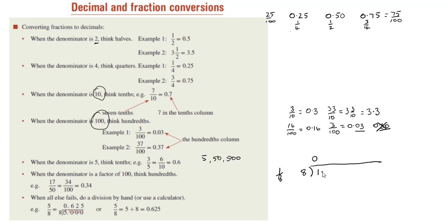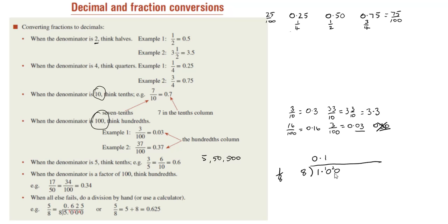So we put our decimal point in for our next place down, and we put a 0 in, and we put the remainder there as 1. Now, how many 8s go into 10? Well, it goes into 10 once with a remainder of 2. So we add another 0 and make that 20 because it's a remainder of 2.